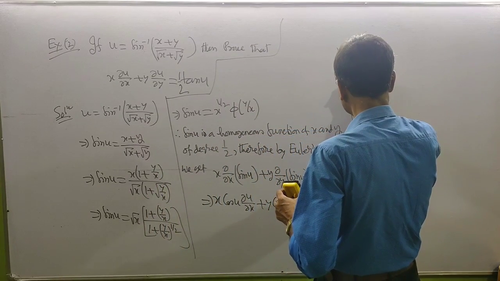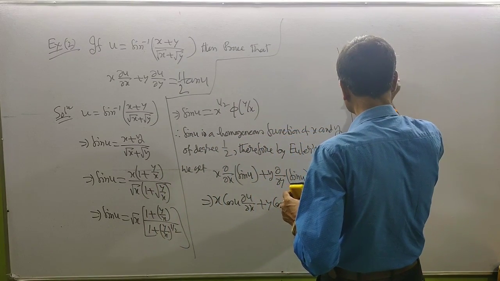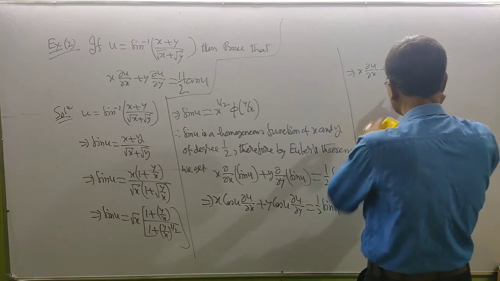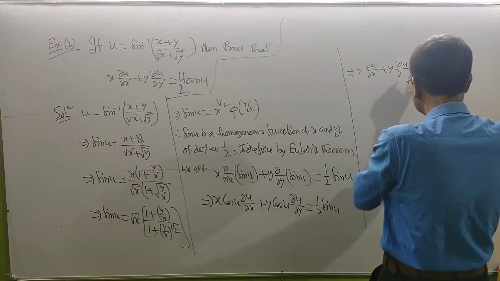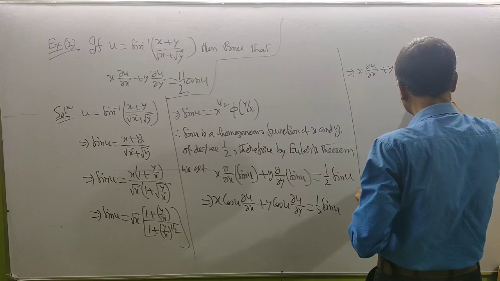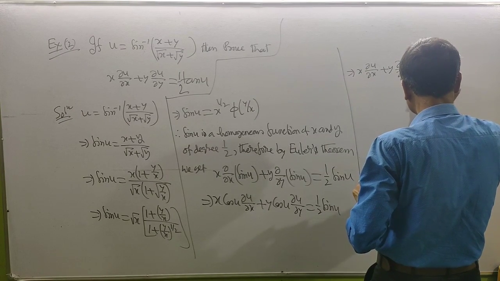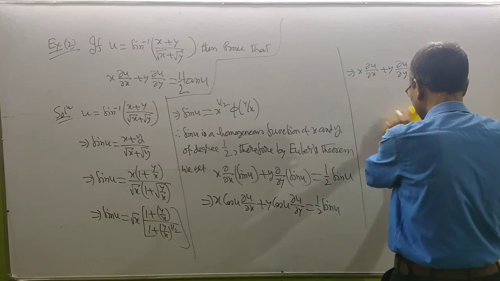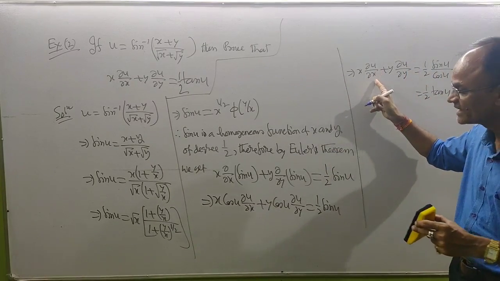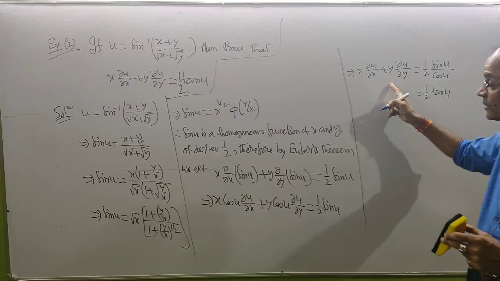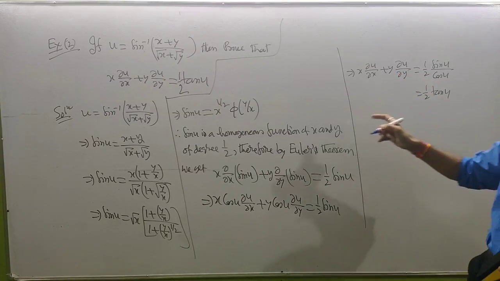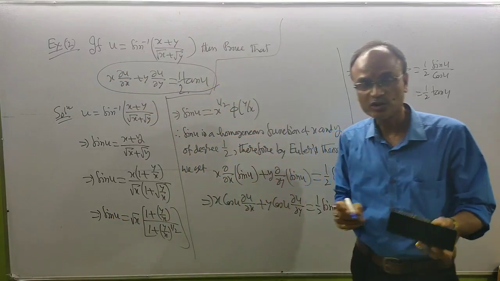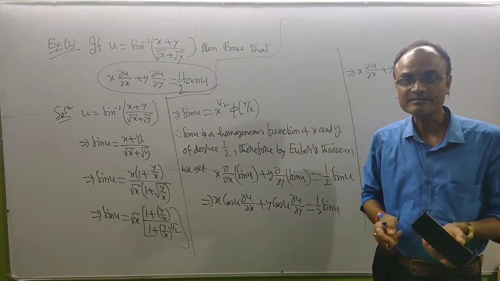This means x del u by del x plus y del u by del y equal to half of sin u by cos u, equal to half of tan u. Therefore, x del u by del x plus y del u by del y equal to half of tan u. Therefore, we have solved this question number 2 also.